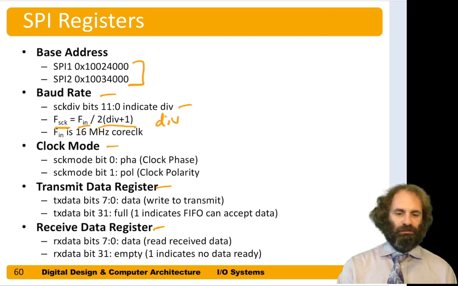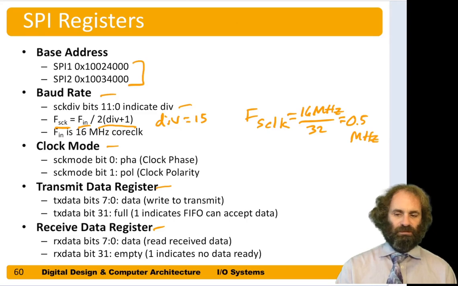So if we set div to 15, div plus 1 is 16, 16 times 2 is 32, so SPI clock equals 16 megahertz over 32 equals 0.5 megahertz, which is a fairly safe speed for transmitting even with lousy breadboard wiring.